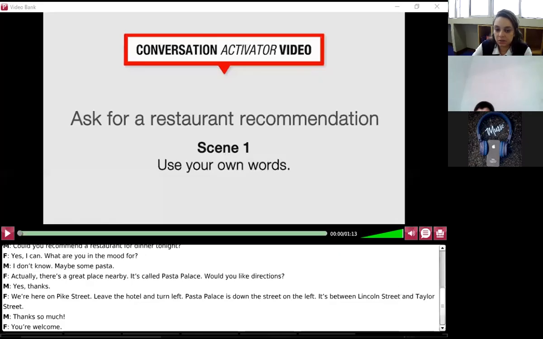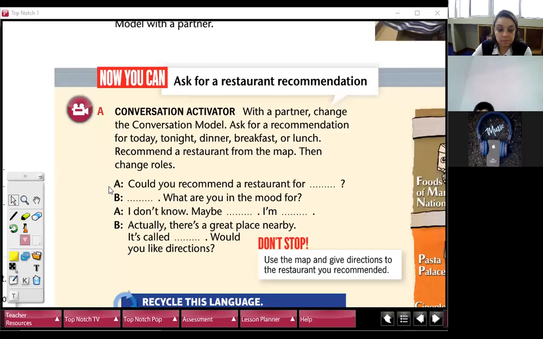So, using the What a Life book, okay? I'm going to show you right now some extra exercises that we can work on using there is and there are. Teacher, ¿y qué pasa si no tenemos el What a Life book? If you don't have the What a Life book, why you don't have it?